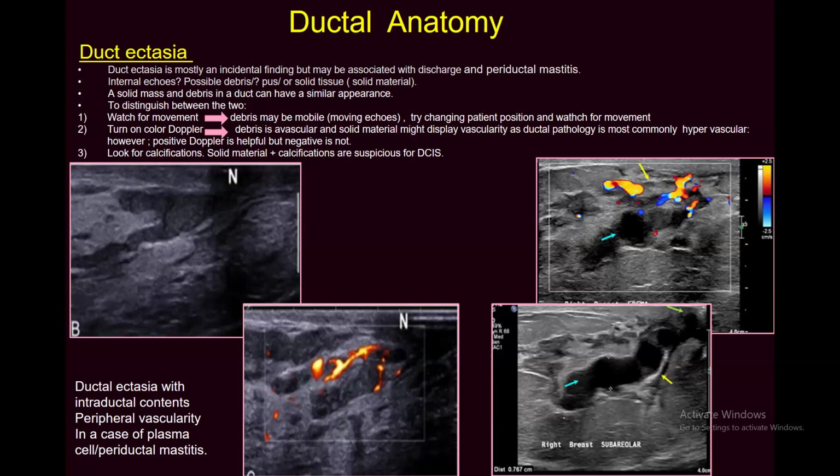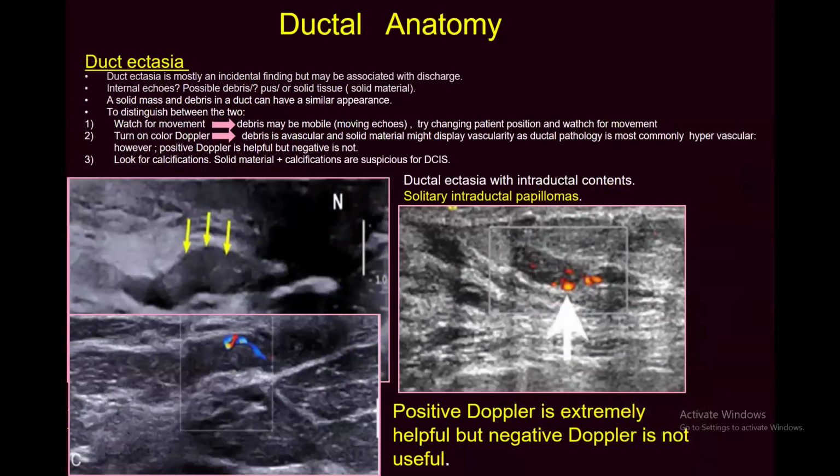You see, it can demonstrate periductal vascularity in case of periductal mastitis, and can represent intraductal vascularity in case of intraductal soft tissue lesion, and most of the time represents intraductal papilloma, and less commonly and exceptionally can represent intraductal carcinoma.